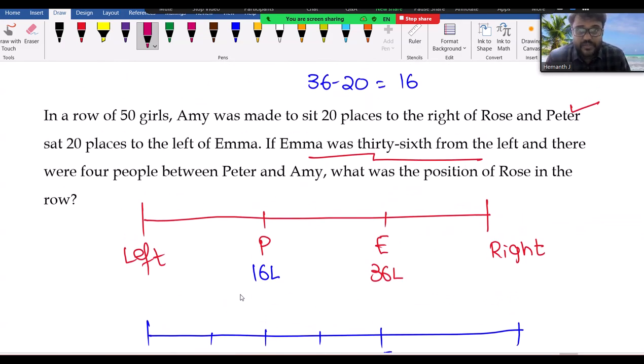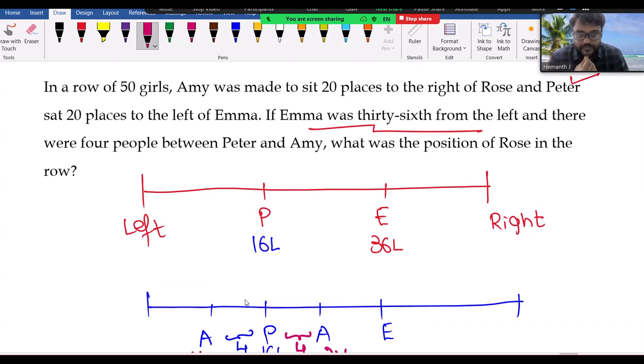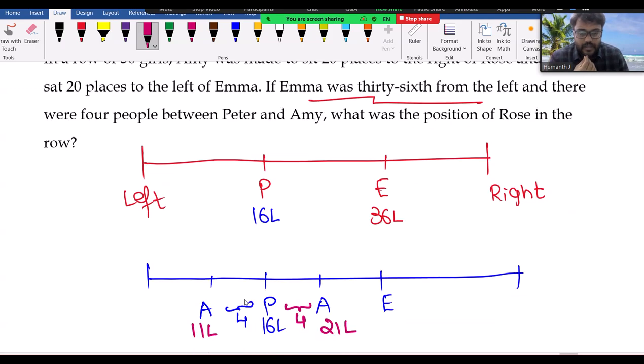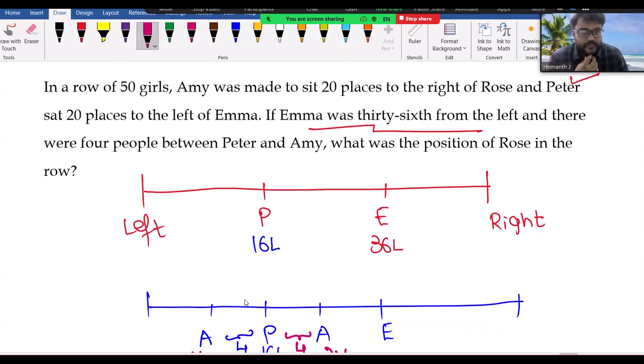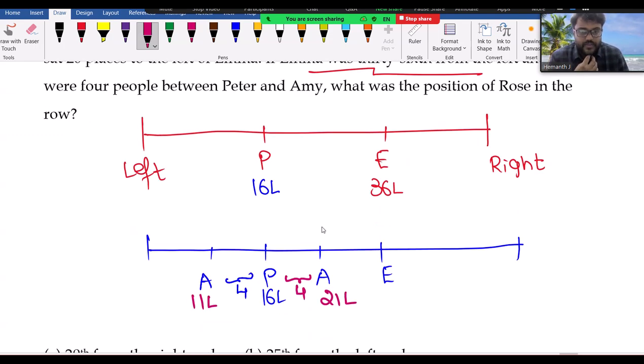Amy was 20 places to the right of Rose. For Rose, 20 places right should be Amy. 50 people. Good. Fine. So where can we place Rose now so that Amy is 20 places right of her? Now this is not suitable.